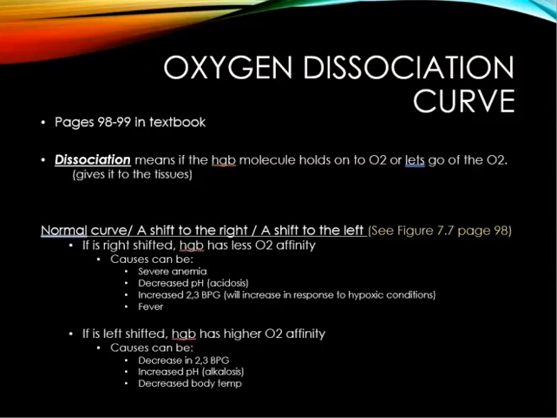Now that's your right shift. For your left shift, the hemoglobin has a higher affinity for your oxygen. It has more love, so it wants to hold on to that oxygen. Some patients might have conditions that cause this, such as a decrease in the 2,3-BPG, an increase in the pH or alkalosis, which is where there's excess base or an alkaline substance in the body, or a decrease in the body temperature.